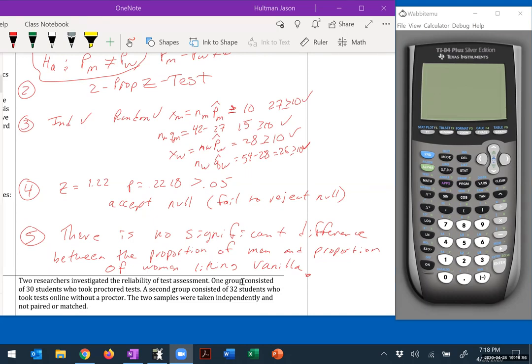Until we get into Chapter 12, it's something you're going to have to use a pencil and a ruler on, and then you're going to need to scan it or take a picture of it. If you do that, I'm only accepting PDFs for that one assignment. So you'll need to download an app on your phone that can turn something into a PDF. It needs to be in sequential order. I'll talk more about this as it gets closer.